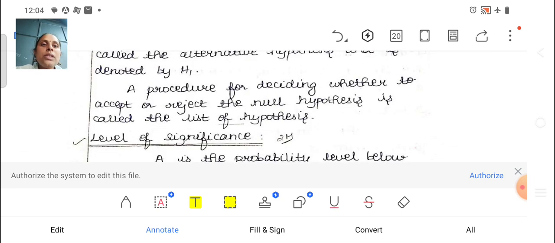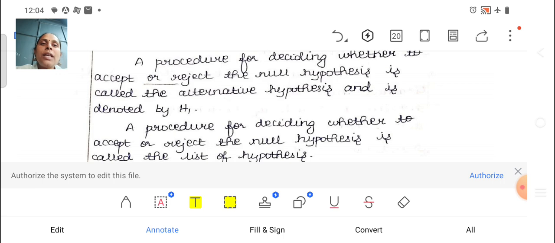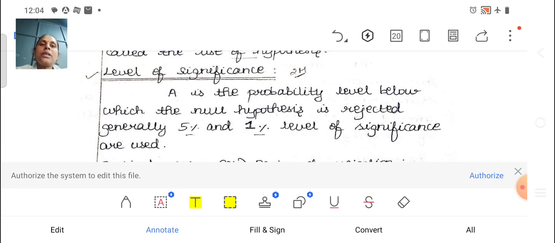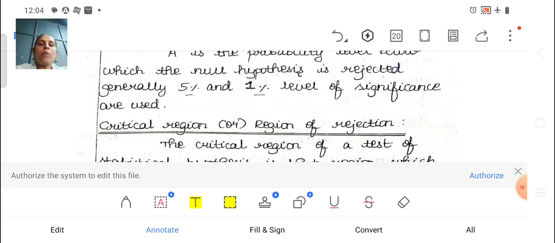Next, the level of significance. The level of significance is the probability level at which the null hypothesis is rejected. Generally two levels of significance are used, 5% and 1%.